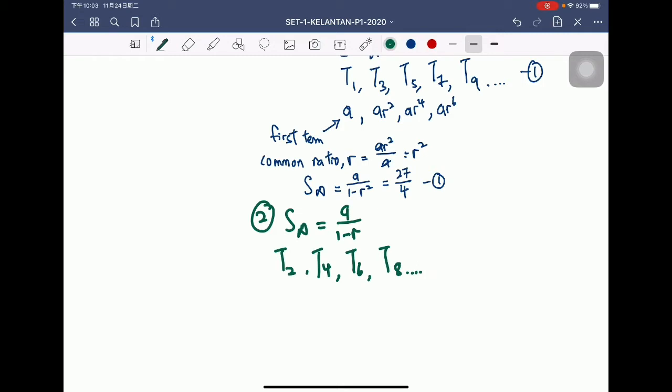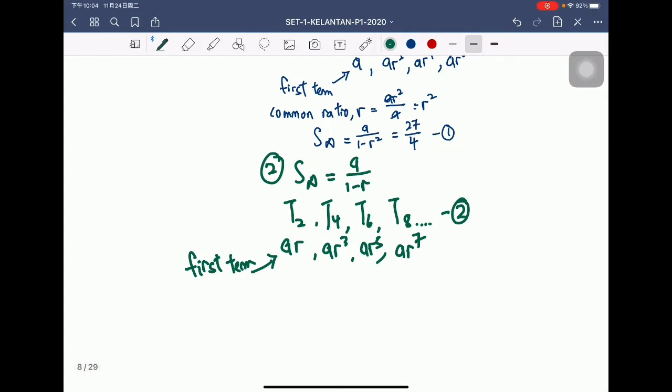So the first term of the second progression will be ar. Then T4 is ar cubed, T6 is ar to the power 5, and ar to the power 7.